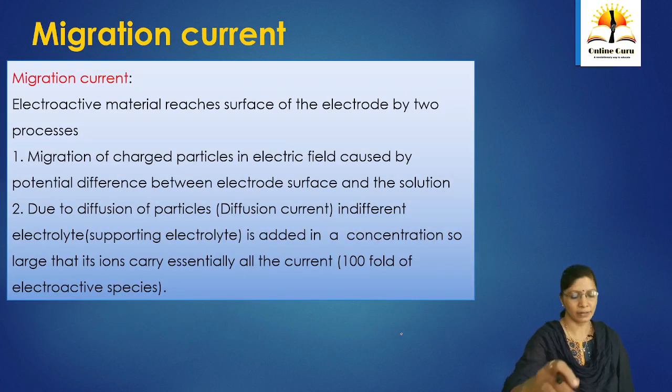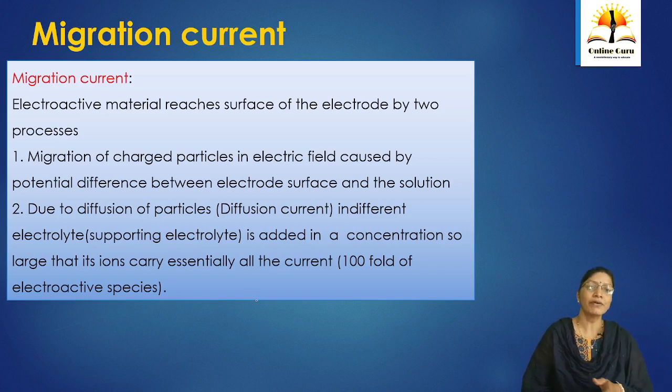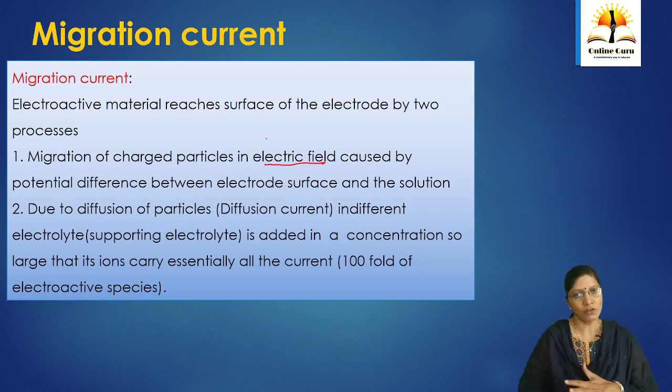The next is migration current. So electroactive material reaches the surface of the electrode by two processes. What are the two processes? First is migration of charged particles in an electric field, caused by the potential difference between the electrode surface and the solution. So suppose the potential range is not sufficient, how can we say that?